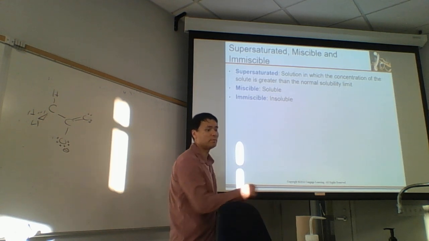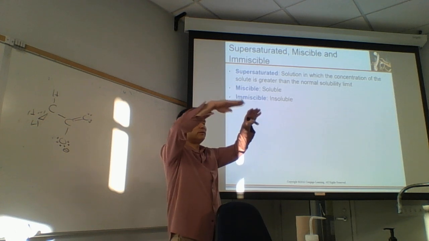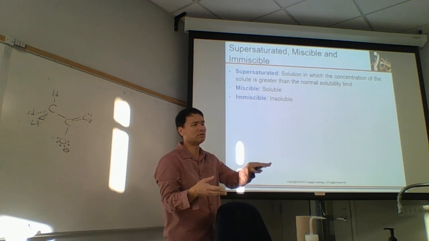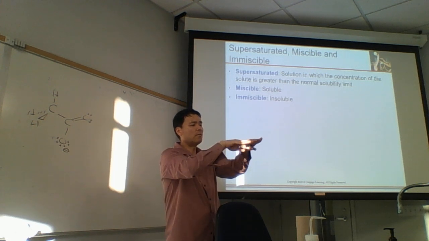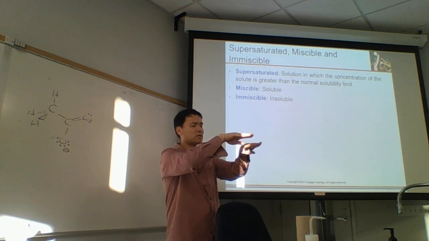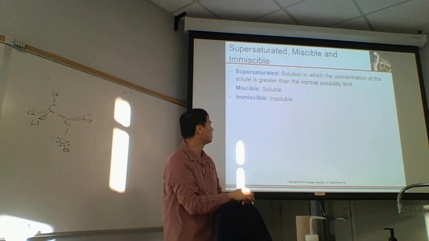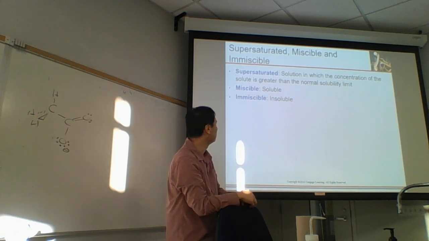Let's say you have 50% water, 50% methanol. You can call it a 50% methanol solution, but you can go above 50% methanol. Pretty soon it becomes more methanol and less water, so the solute and solvent flip. So miscible just means infinitely soluble. There's no limit to how much you can dissolve.